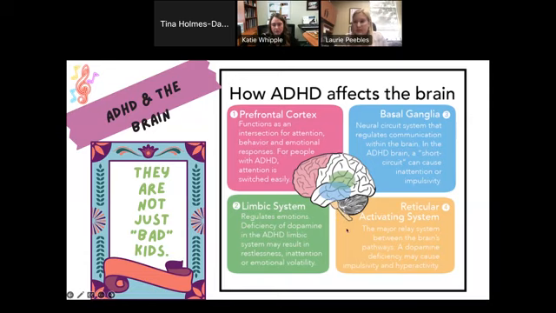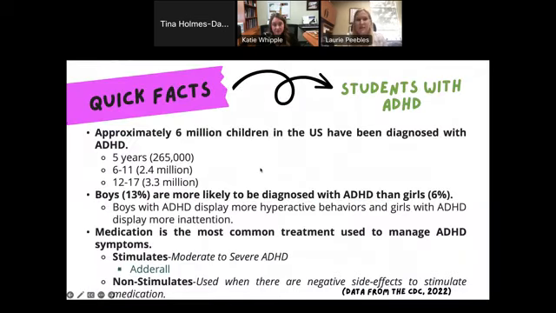This is a major relay system between different pathways. Again, this is where we see that dopamine come into play once again. And when this area of the brain is not acting the way it should, we're seeing that impulsivity and hyperactivity once again. So I just want us to all keep in mind that there's a lot going on in our kiddos' brains that are dealing with ADHD.